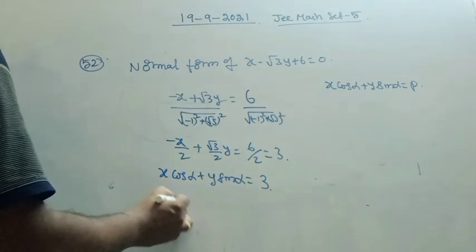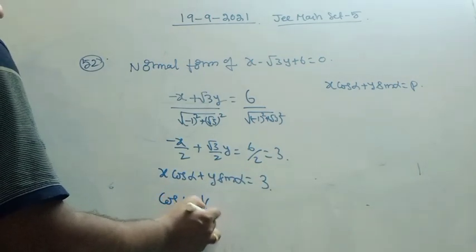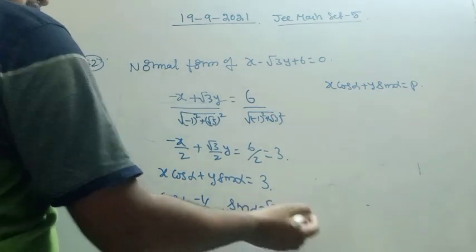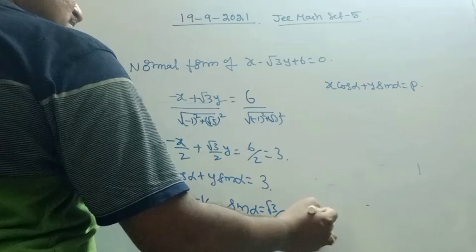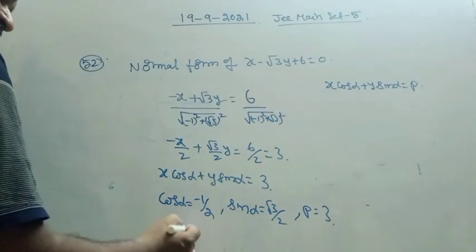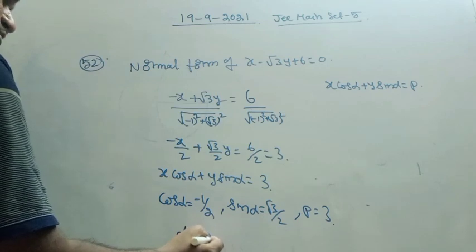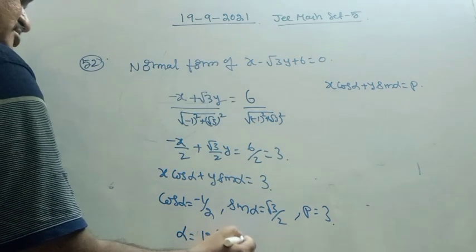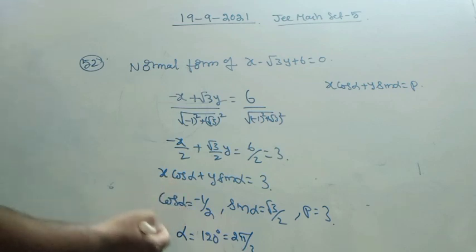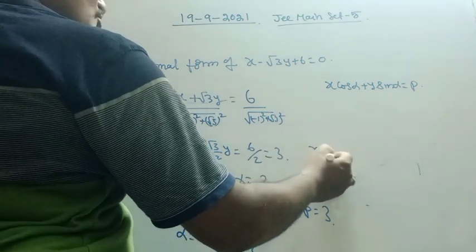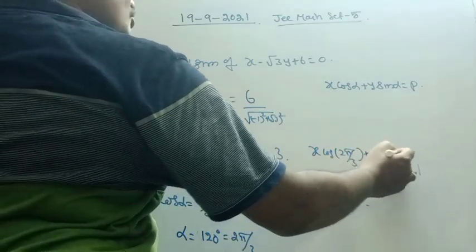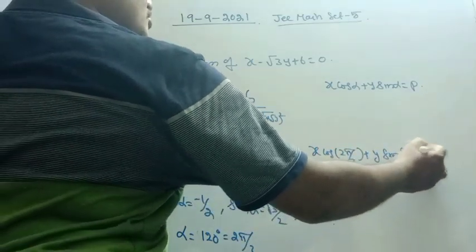That means cos alpha equals minus 1 by 2, sin alpha equals root 3 by 2, and p equals 3. And what will alpha be? I think you will get 120 degrees, that means 2 pi by 3. Therefore, its normal form is x cos 2 pi by 3 plus y sin 2 pi by 3 equals 3.